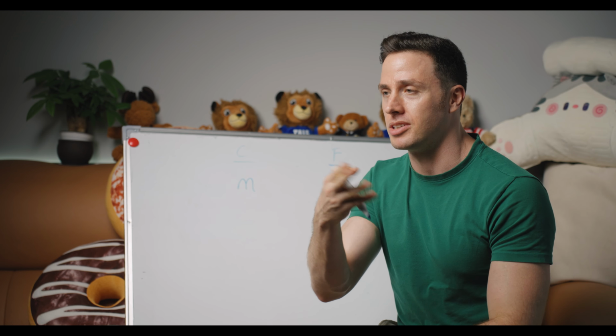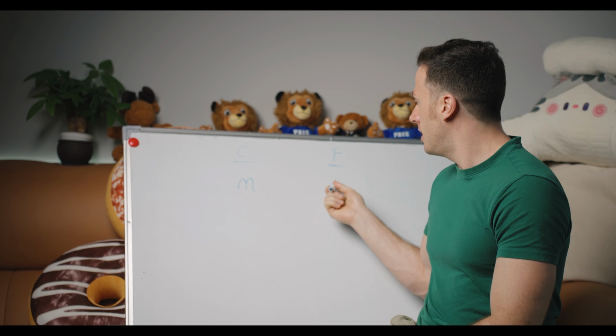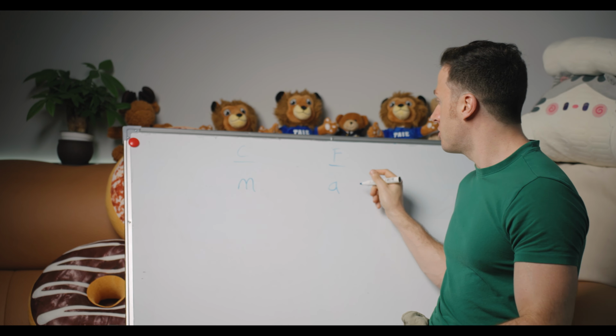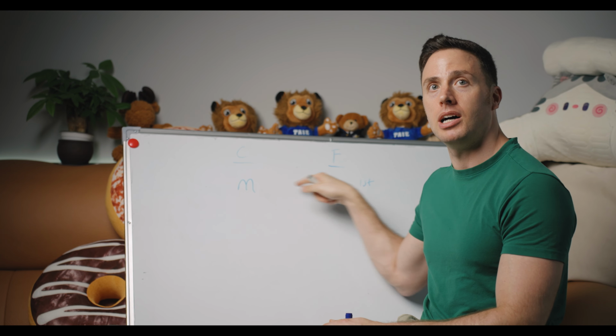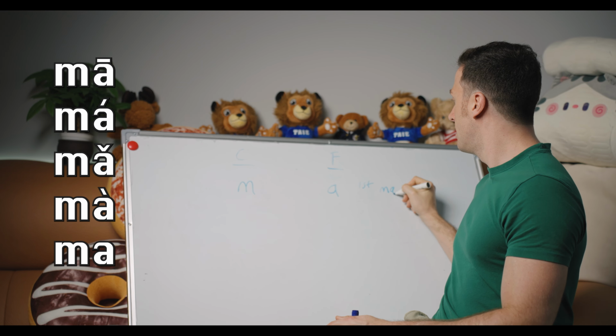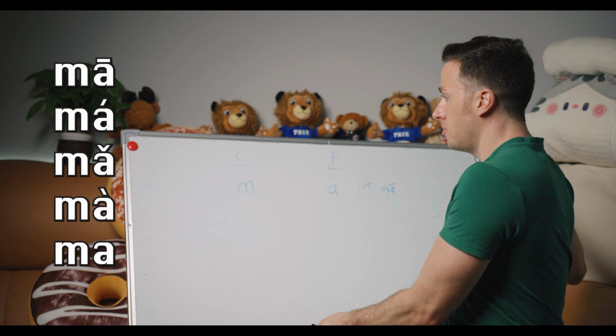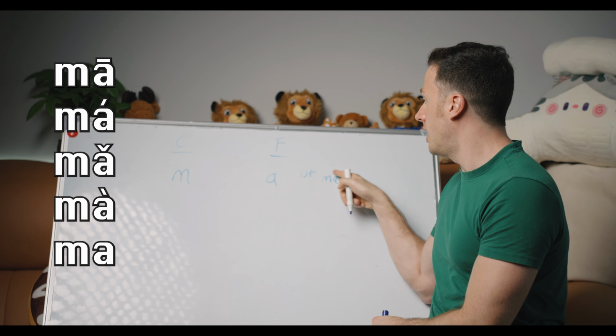I forget, but it's the letters that look like English. Okay. So let's put this together. M and A. M, A. Let's do first tone. So what's first tone sound like? M, A, ma. So this is how we would write this in pinyin. So pinyin is gonna have the consonant and the final, and then the tone marker.